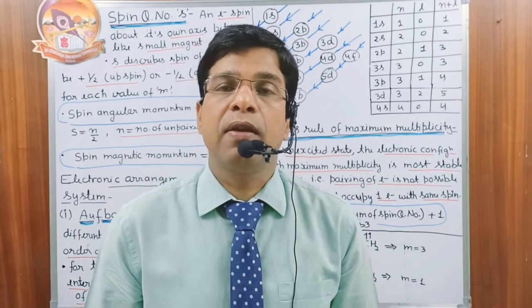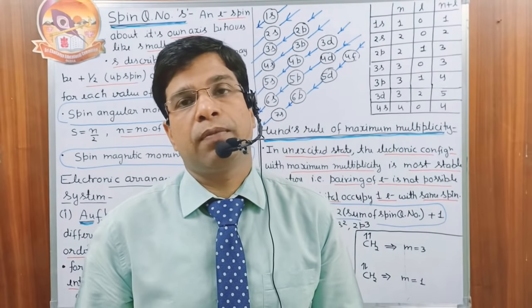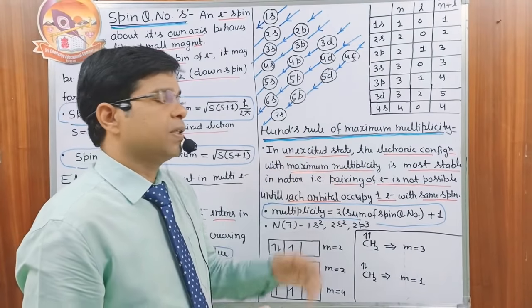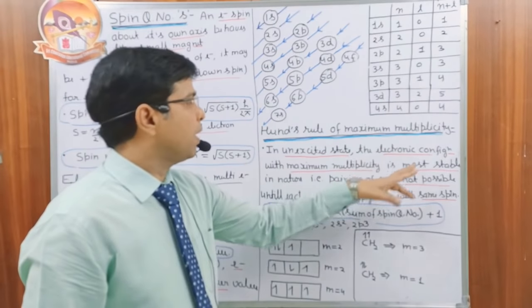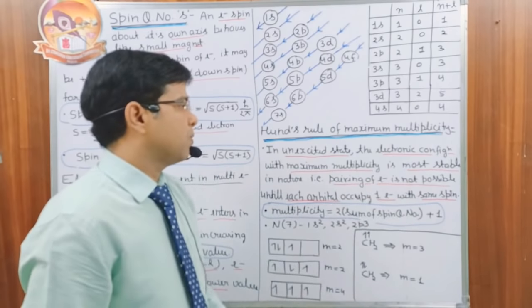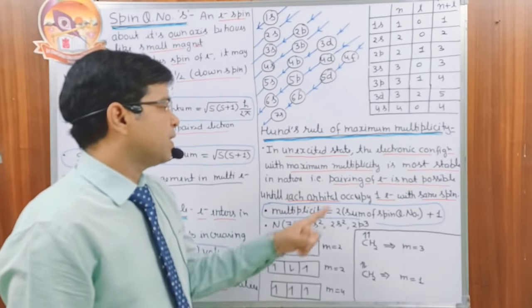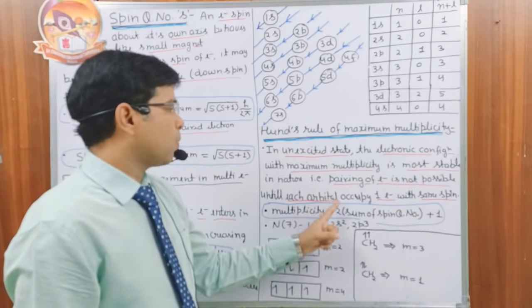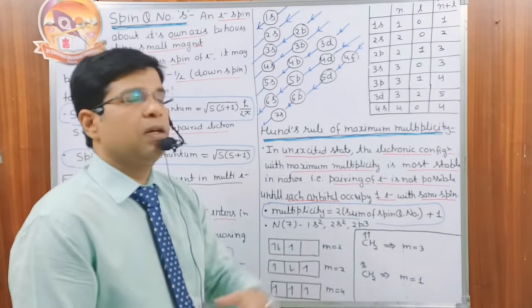In the unexcited state, the electronic configuration with the maximum multiplicity is most stable in nature. That is, pairing of electrons is not possible until each orbital is occupied by one electron with the same spin.